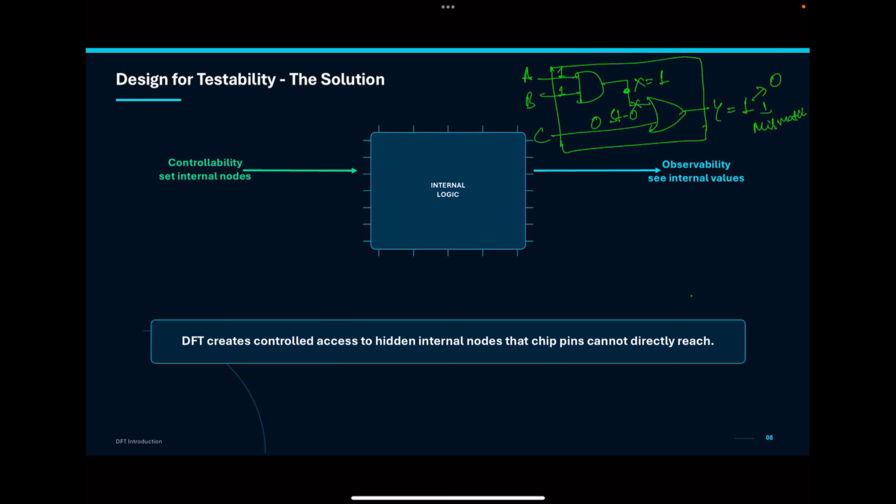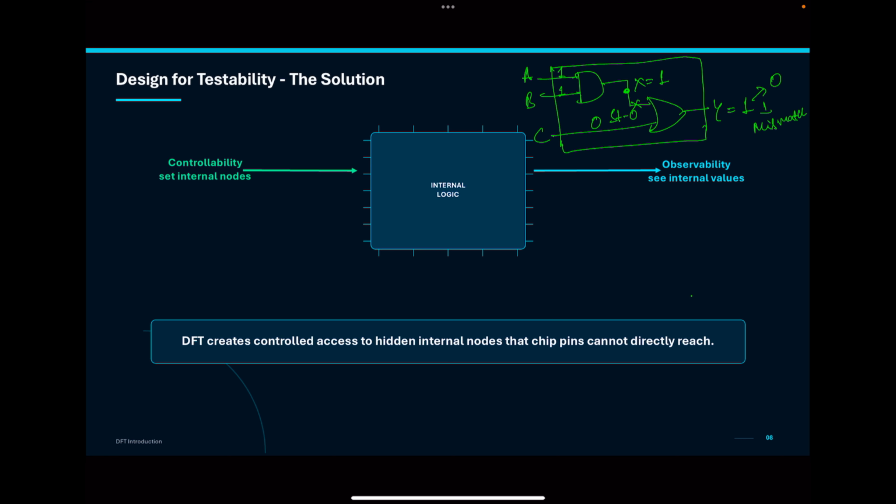That's how we can differentiate the good chip versus the bad chip. This helps us to differentiate what the good chip's expected value is and whether it is producing the output the way we wanted. That's how controllability and observability in DFT help us to find faults in the design.